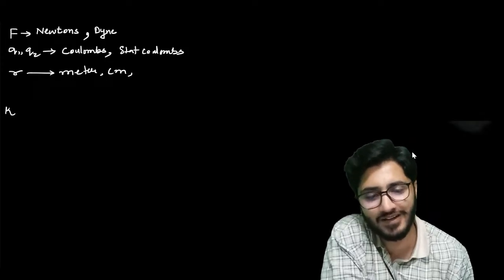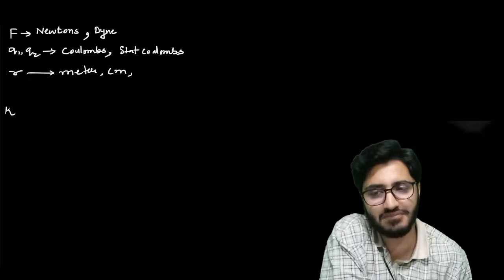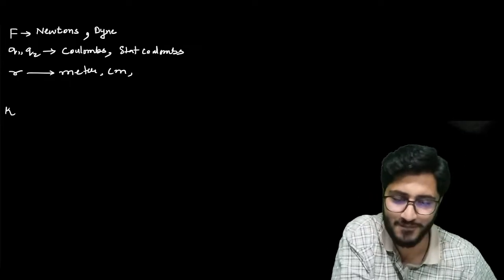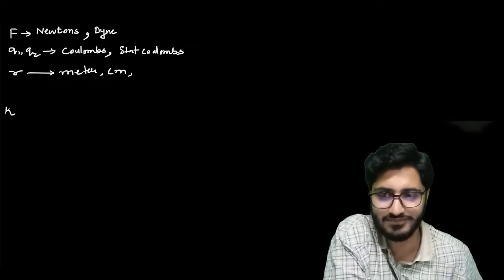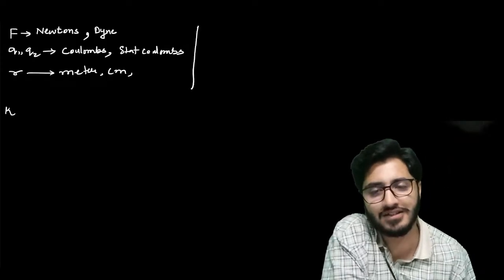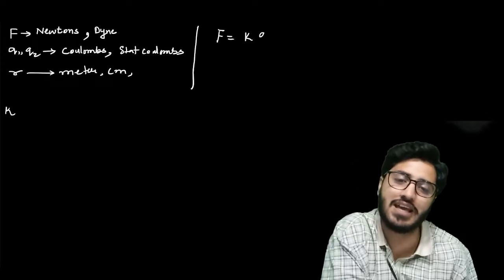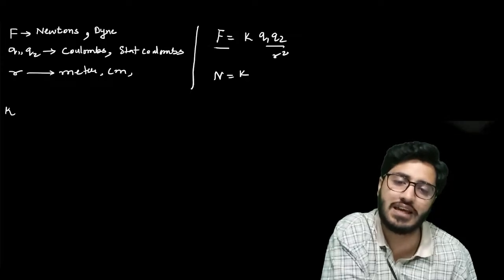But what is K? Is there any unit of K also? Look, sir, F is equal to K Q1 Q2 by R square. What is F? It is newton. K times coulomb square by meter square.